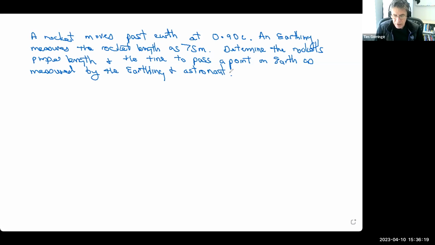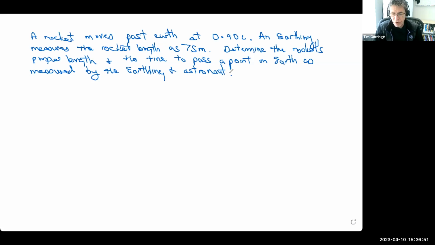What about the time it takes the rocket to pass by the Earthling, as seen by the Earthling and as seen by the astronaut? In that case, it's the Earthling that sees the proper time, because the arrival of the nose of the rocket at the Earthling and the departure of the tail of the rocket from the Earthling are measured at the same location in the Earthling's reference frame.